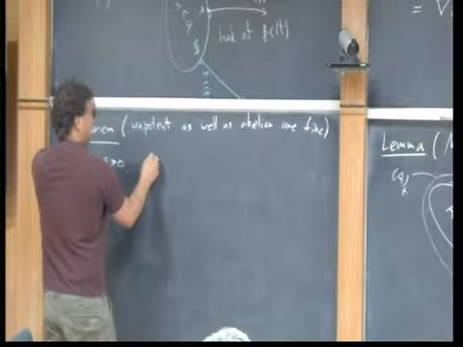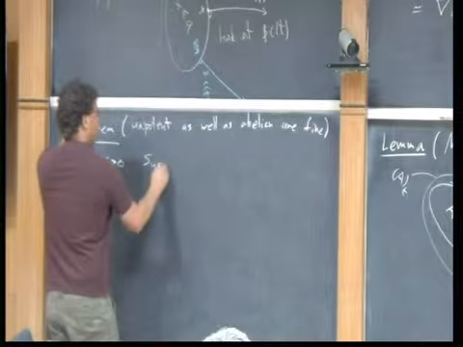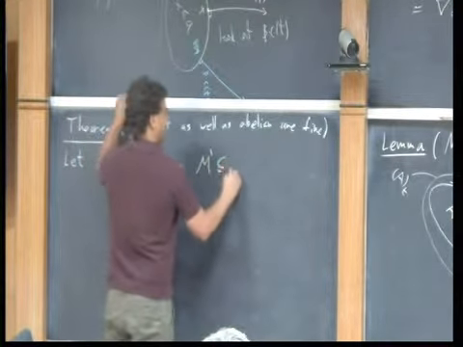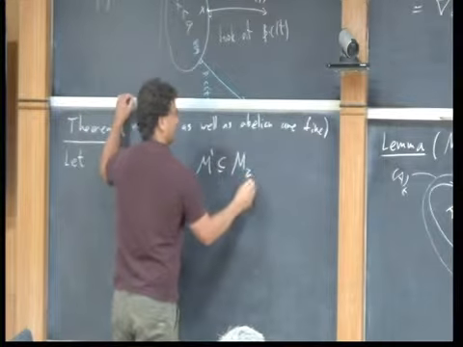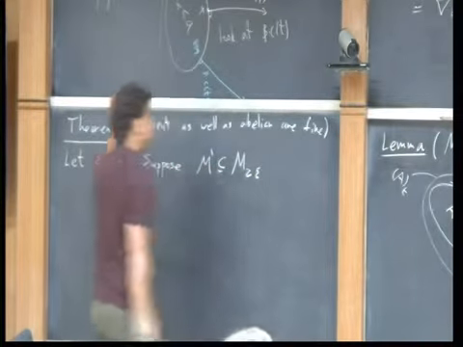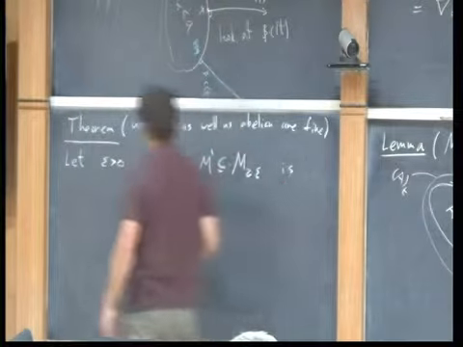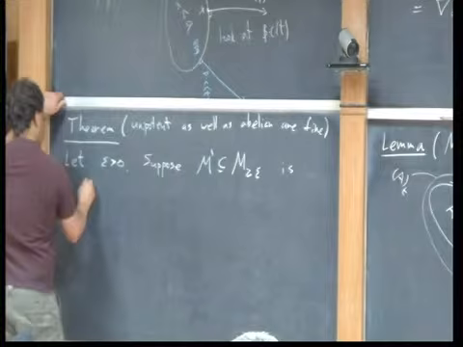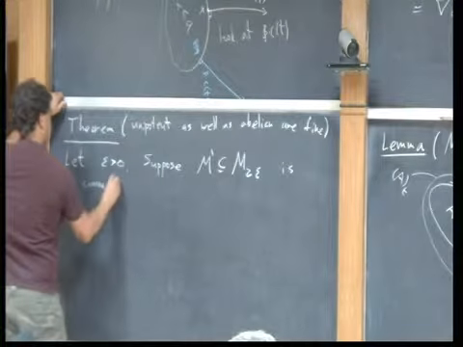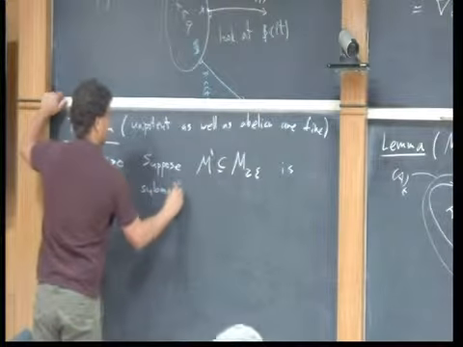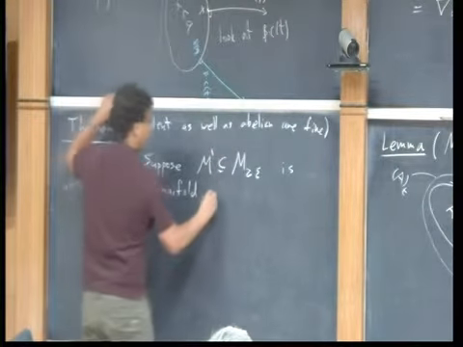And suppose that M prime inside the thick part is a connected submanifold with boundary.